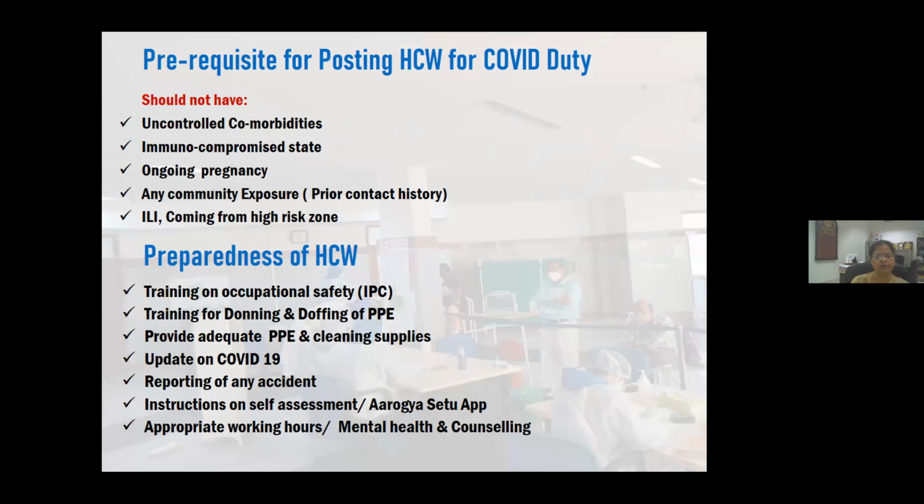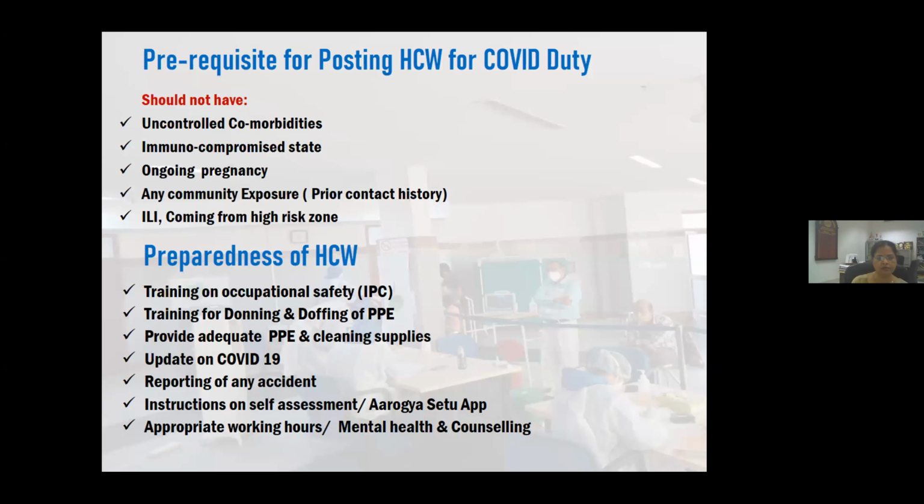In our hospital, prior to posting any healthcare worker for COVID duty, the following are ensured: that they do not have uncontrolled comorbidities like diabetes, any immunocompromised state, ongoing pregnancy, any community exposure, influenza-like illness, or coming from a high-risk zone. They undergo adequate training regarding occupational safety, donning and doffing of personal protective equipment, and other infection control practices, and are regularly updated on current guidelines.